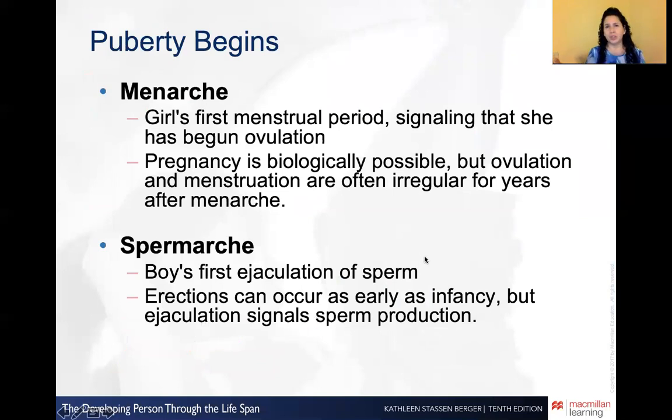So when does puberty start? For girls, we say it starts when they have their first period. The body has signaled that we're going to start to have a monthly period, which means that girls can conceive a child. For boys, it is when they have their first ejaculation, not erection.